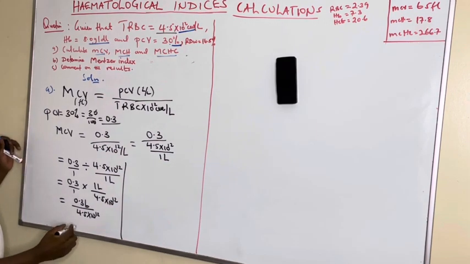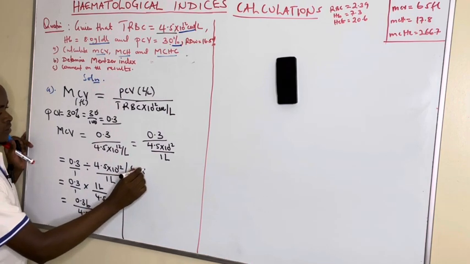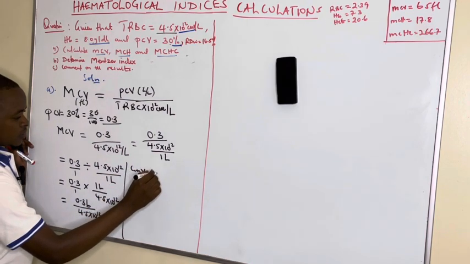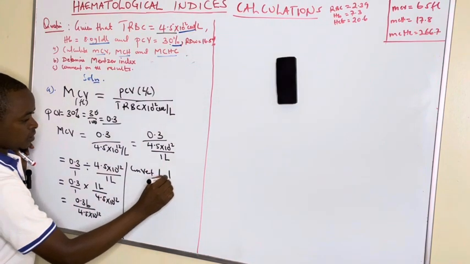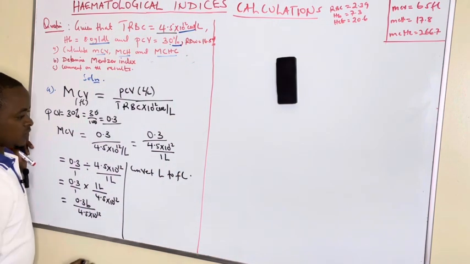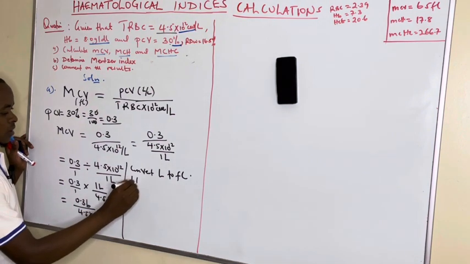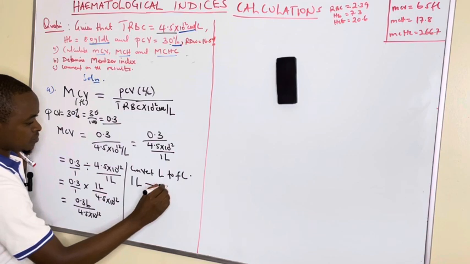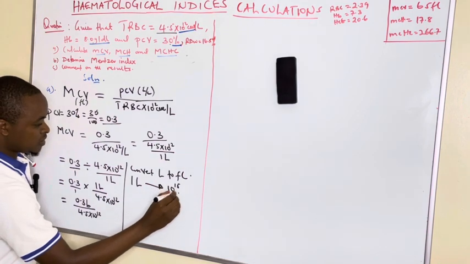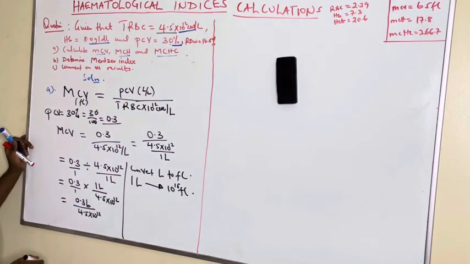So the next step required is to convert a liter to femtoliters. And we know that 1 liter is equivalent to 10 power 15 femtoliters.